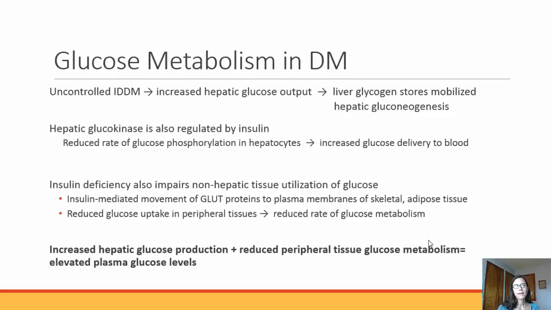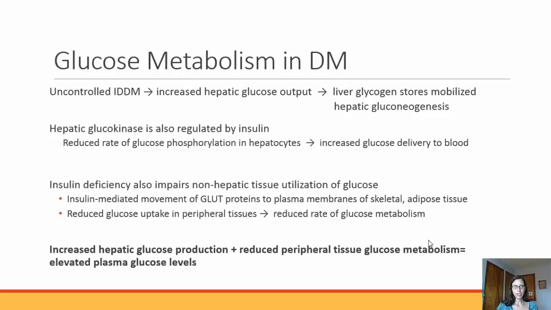If we think back to glucokinase and how it's regulated, we know it's regulated by insulin. So if our insulin is not working right, then our glucokinase is not going to be working right. So then what happens? We have decreased phosphorylation in the hepatocytes.